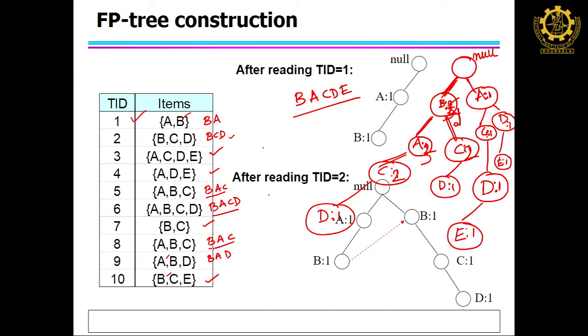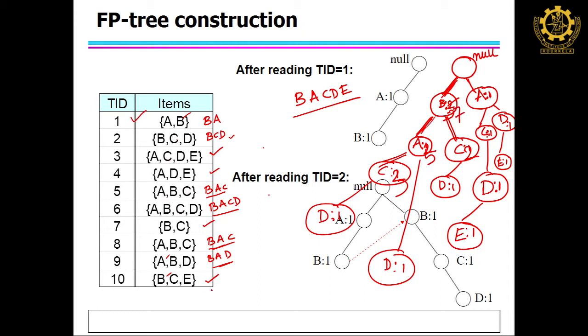Then B A C, B is here, A is there, C is there. So, there is already a path, so you increment the value. So, this will be 4, and this will be 6. Then B A D. So, B is here, A is here, D is not there. So, then B A, then you have a path here, let us say this is D, and you have to increment, this will be 5 and this will be 7.